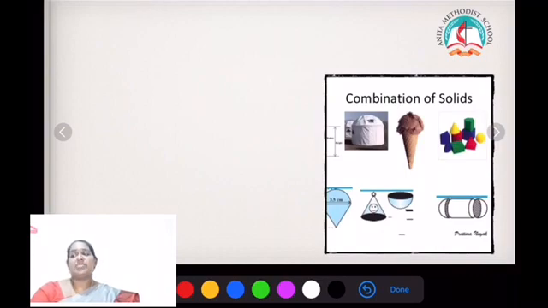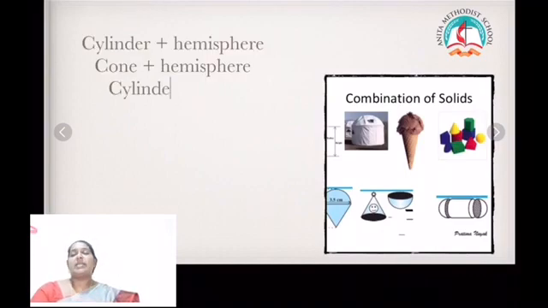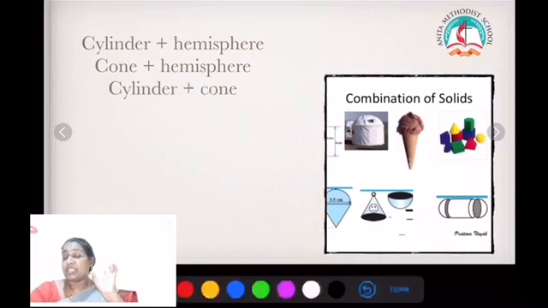Cylinder plus hemisphere, cone plus hemisphere, cylinder plus cone. Hope you all understood. Depending upon the solids, whether you have to find the surface area or volume, you have to apply the formula. Okay children, shall we see now the problems?